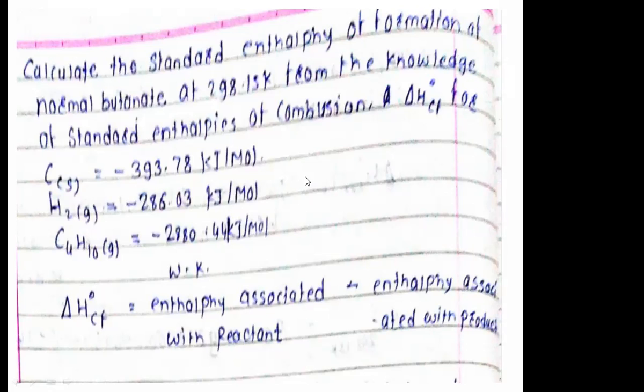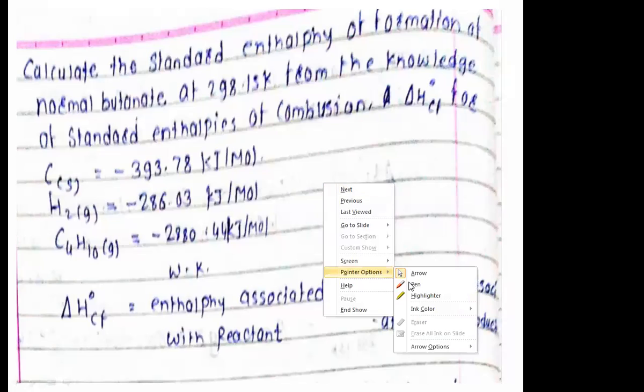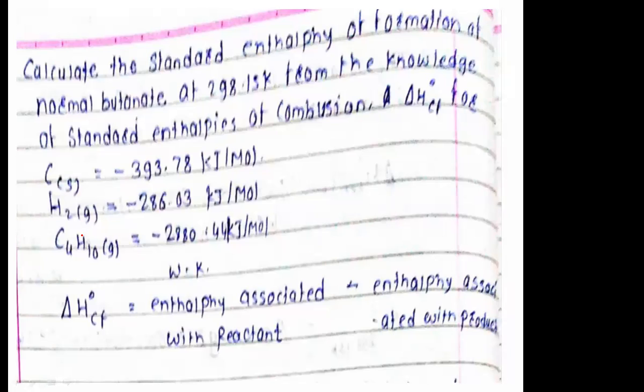Write down the reaction. What do we have to form? We have to form normal butane. What is the formation reaction of normal butane? We have to use the standard enthalpies of combustion of the different elements taking part in the reaction. The reaction is not given, but they asked to calculate the standard enthalpy of formation of normal butane. So normal butane means what?